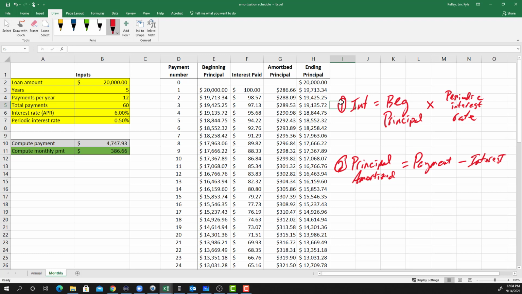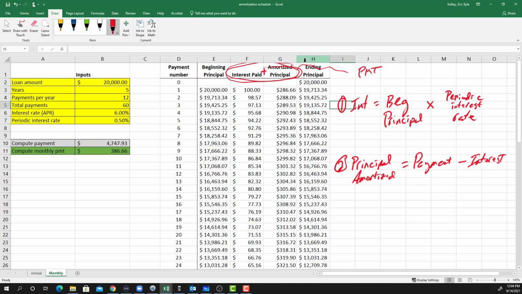And you can see that very clearly in the schedule here. That's these two columns. The first column is the interest, and the second column is the amortized principal. Those things always sum to the payment. All right, so you can check this quite easily.